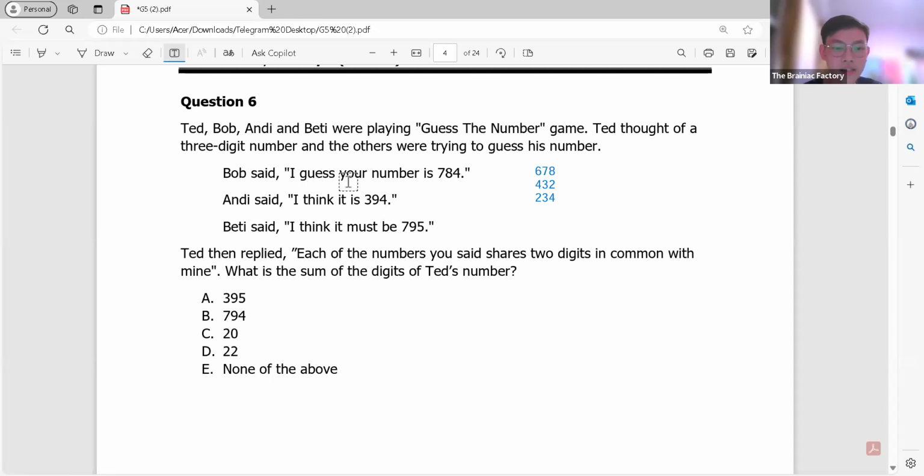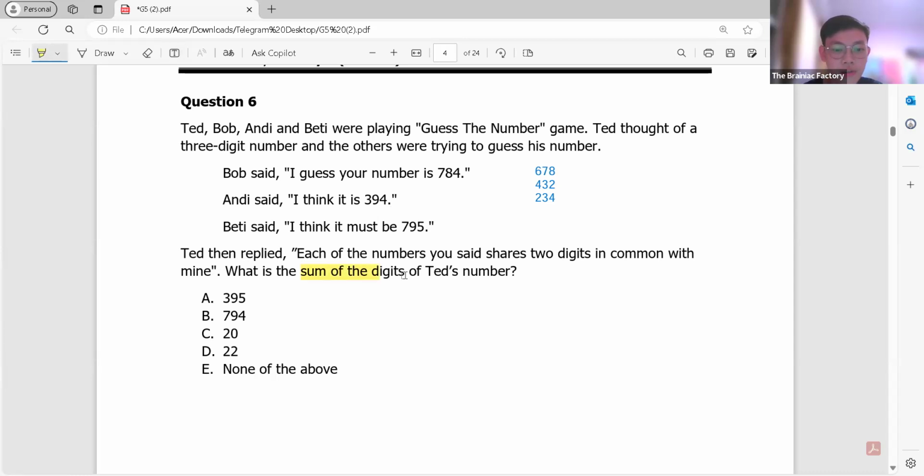So Bob said, I guess your number is 784. Andy said it's 394, and Betty said it is 195. Ted then replied that each of the numbers you have said shares two digits in common with mine. And what we're asked to do is the sum of the digits. Let me show you.